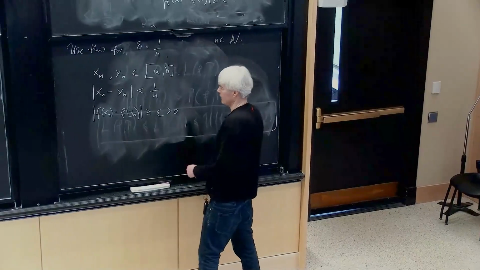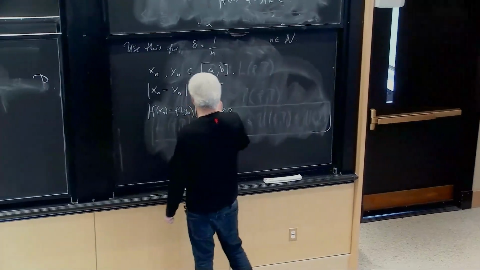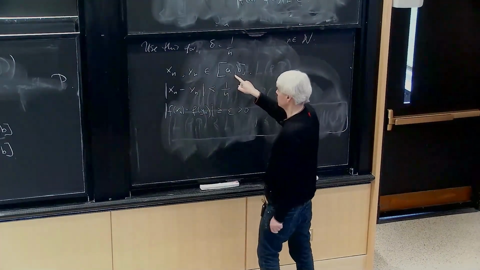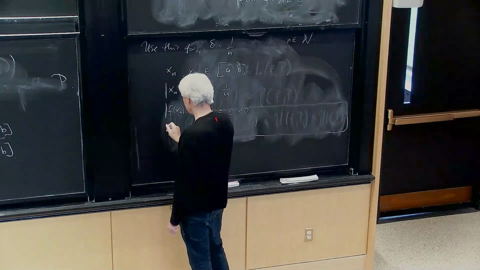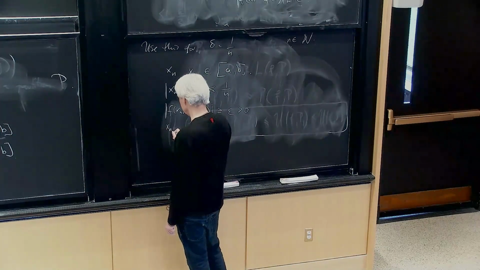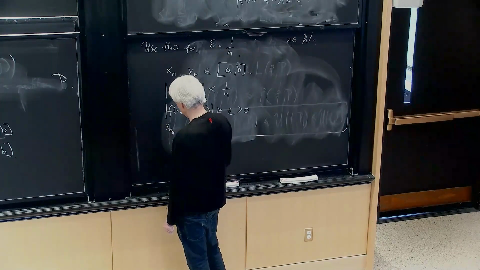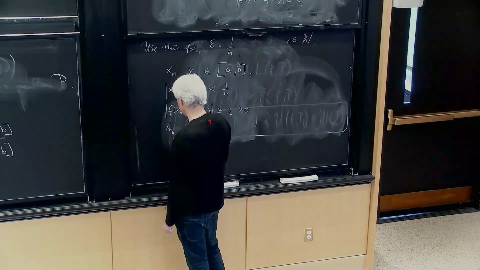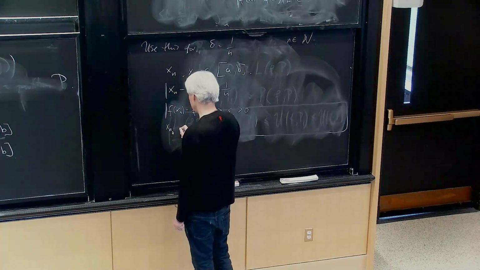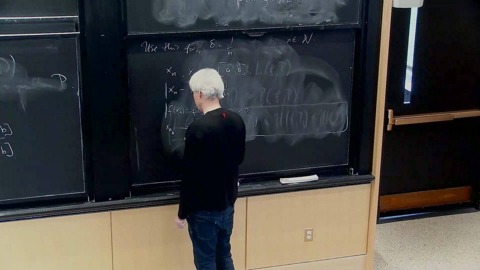Now we have xn in this interval, so by compactness, out of the Bolzano-Weierstrass theorem, we can find a subsequence x_{n_k} that converges to some x.